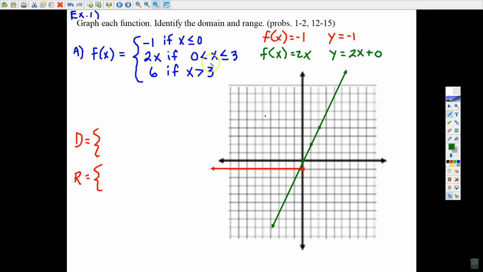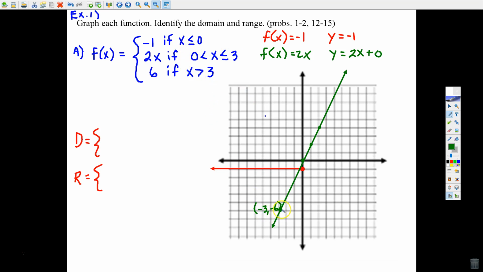Okay, for example, let me go down here and just pick a point right there. That is the point -3, -6. Okay, well, -3 is not in this range of numbers.